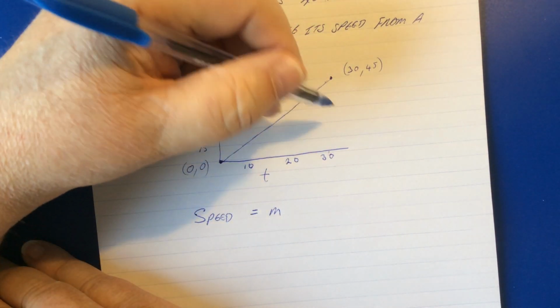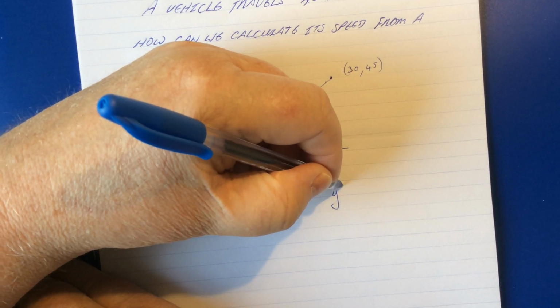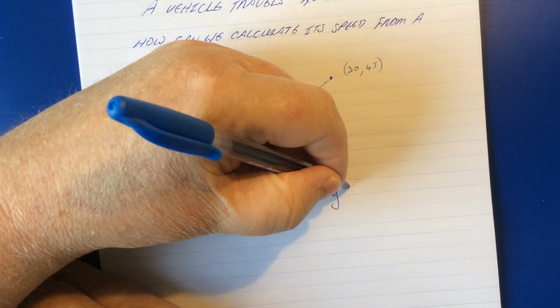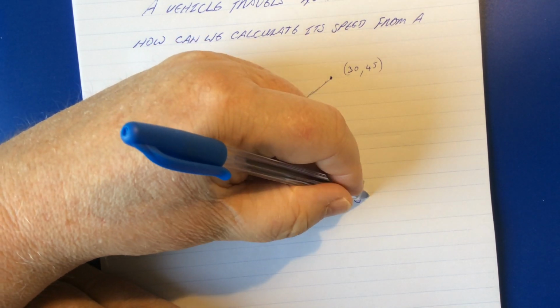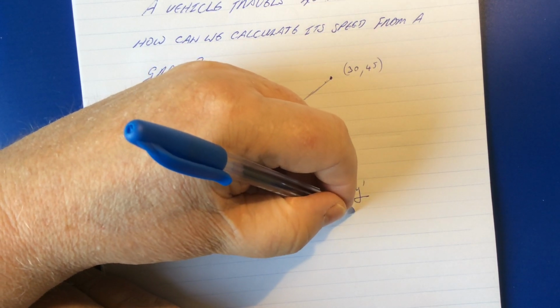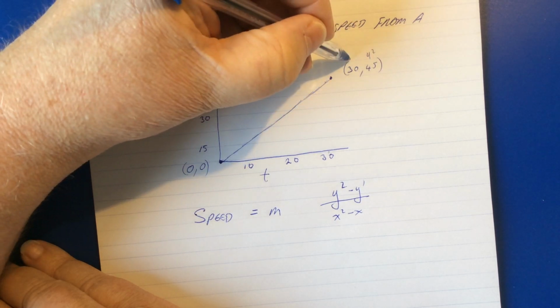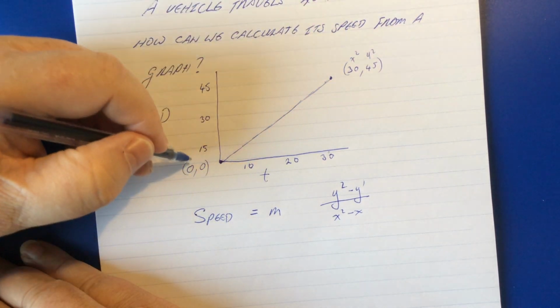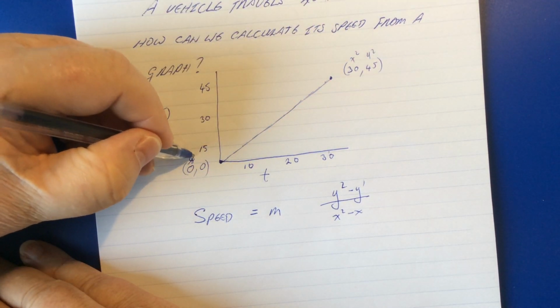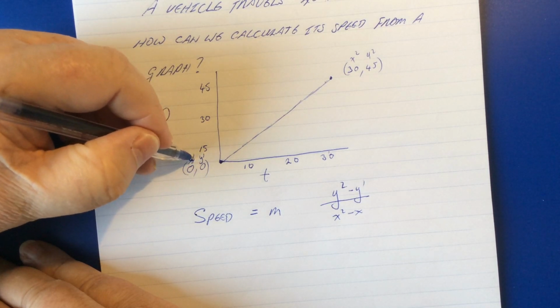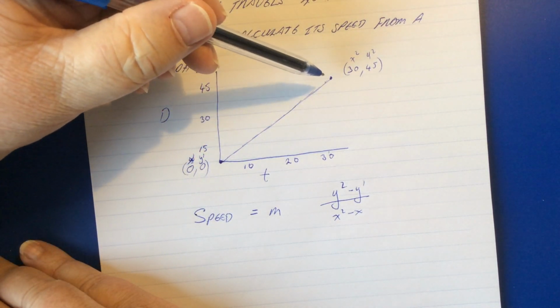How do we find the gradient? Well, it's y2 minus y1, get it round the right way, over x2 minus x1. So, y2, x2, x1, y1.